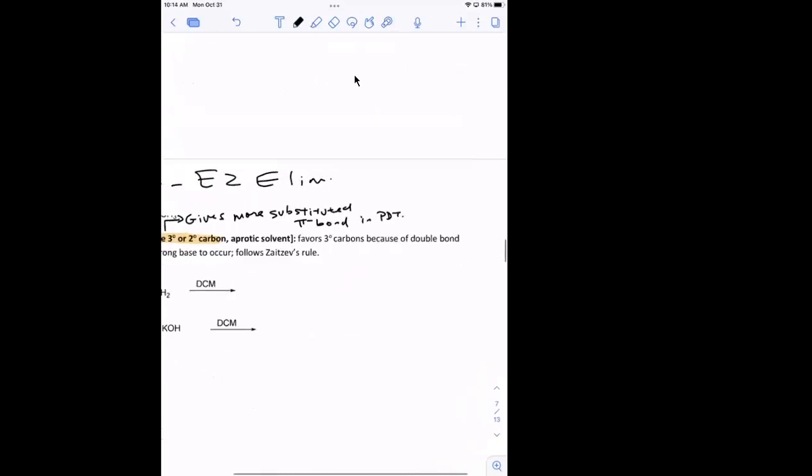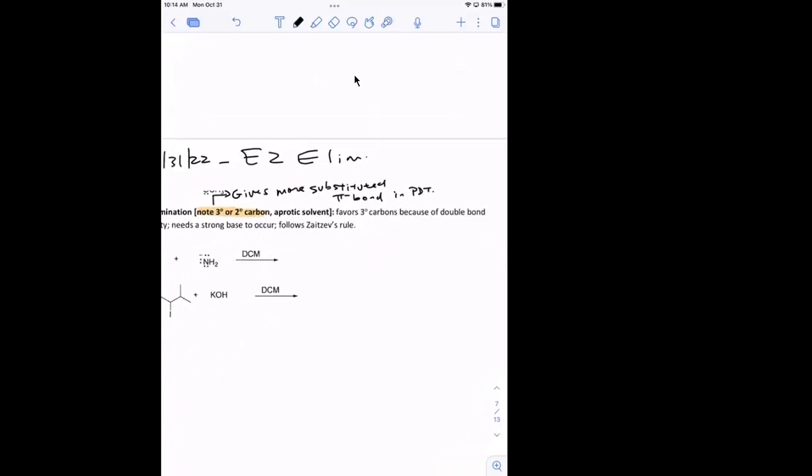That's why more highly substituted substrates work better.